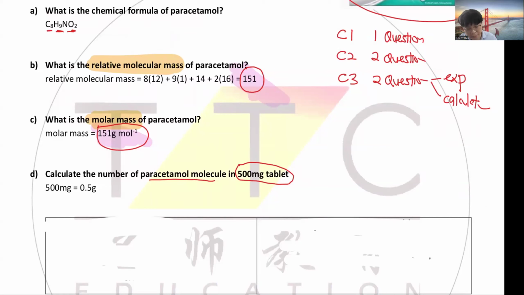Okay, so for this, we'll go through the formula. We have three formulas that we learned in exam. Number of mole is equal to mass over molar mass. Volume over molar volume. There are only three formulas here.